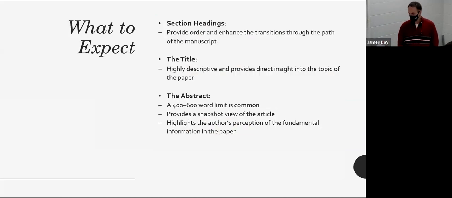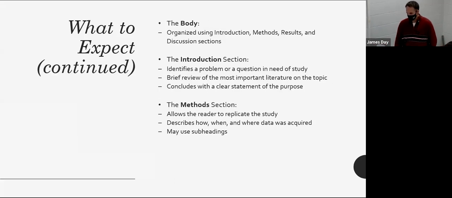When we look at the title, titles are supposed to be descriptive and directional now. What we're really looking at is, does it make sense? Is it possible? Does the title give us enough information to warrant reading the abstract? The abstract then gives us that snapshot. The introduction gives us the background.